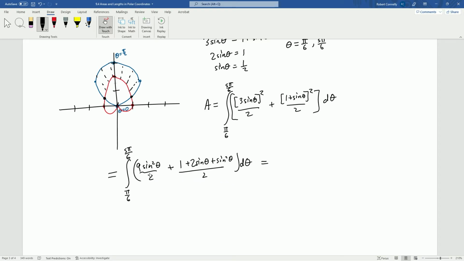Well, I can pull this 1/2 out in front. And kind of skipping ahead a little, that'll leave us with 9 sine squared plus sine squared. That's 10 sine squared of theta plus 2 sine of theta plus 1.